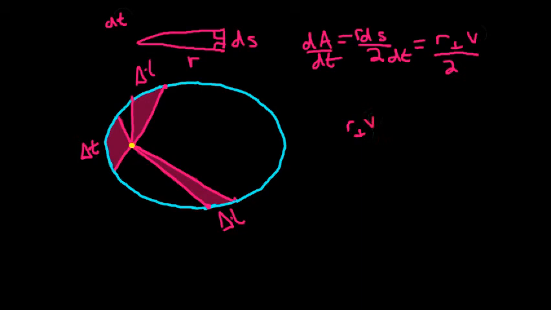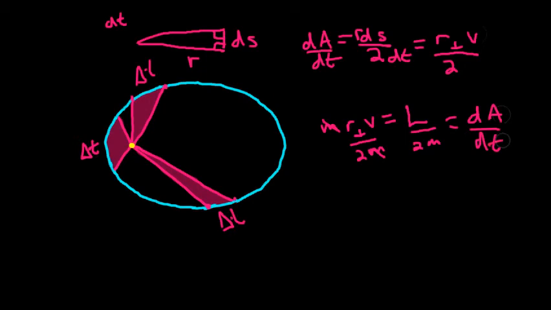You get r times v, since the ds is always perpendicular to the r, over 2 is equal to the change in area over the change in time. Now, the r times v, you multiply that by m, so it's m times r times v.